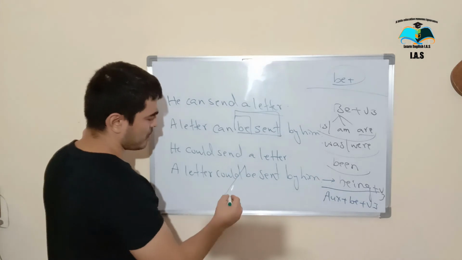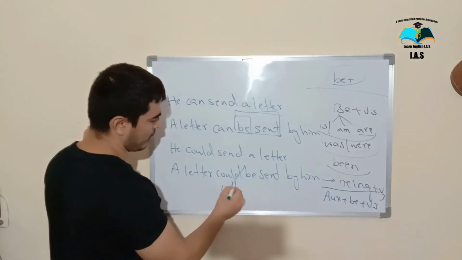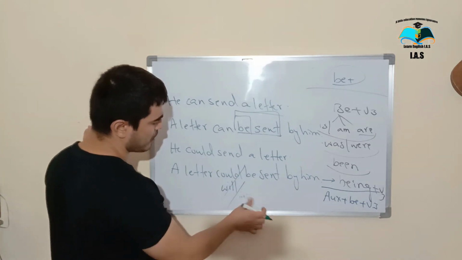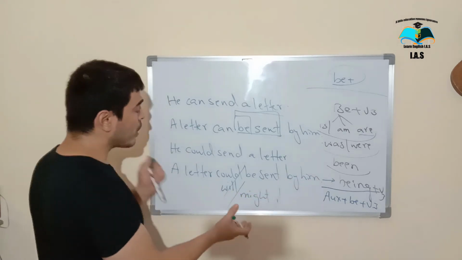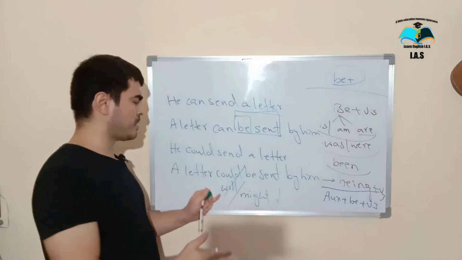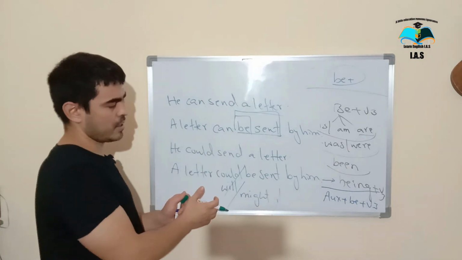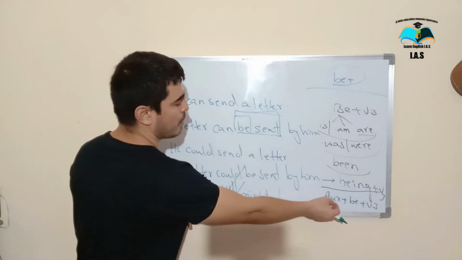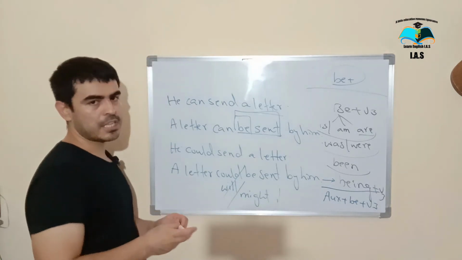You can use could. You can use will. You can use might. You can use may. You can use any auxiliary. Just use auxiliary plus be plus the past participle of the verb.